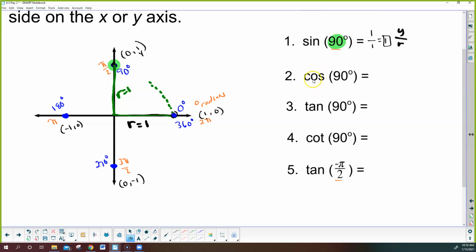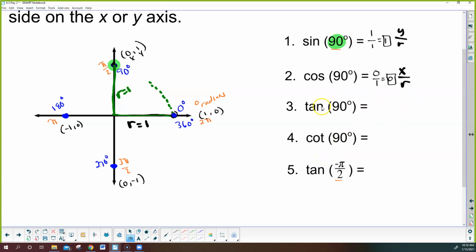But what would cosine of 90 be? Well, cosine was x over r. We know what x is. At 90 degrees, we're at the spot over 0, up 1. So x is 0 when r is 1. So cosine of 90 degrees is 0.